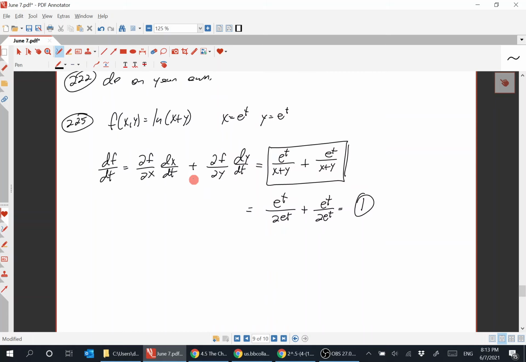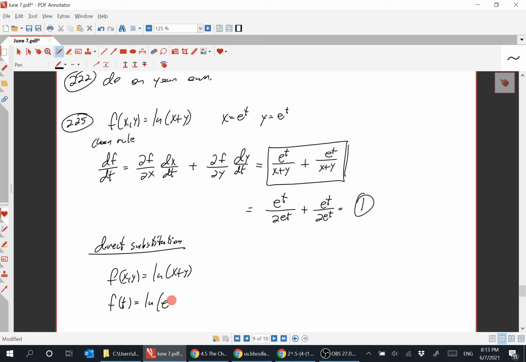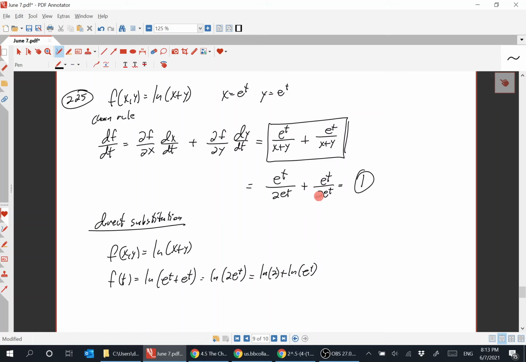So now using direct substitution. This was the chain rule. F of x, y, again, is natural log of x plus y. So now f of t is natural log of e to the t plus e to the t. So this is natural log of 2 e to the t. So this is natural log of 2 plus natural log of e to the t.